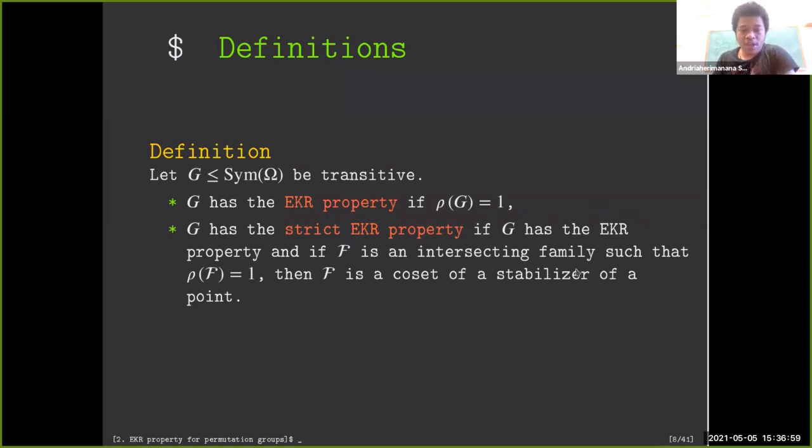This is a definition that we already saw in Karen's talk, but here I formulate the EKR and the strict EKR property in terms of the intersection density. We say that G has the EKR property when rho of G is equal to 1, and G has the strict EKR property when G has the EKR property and an intersecting family F such that rho of F is equal to 1 has to be a stabilizer of a point.